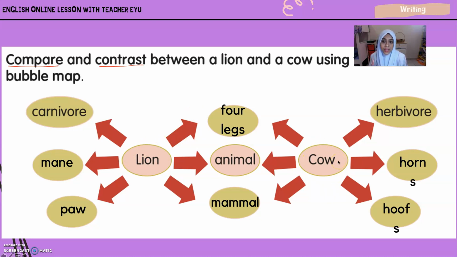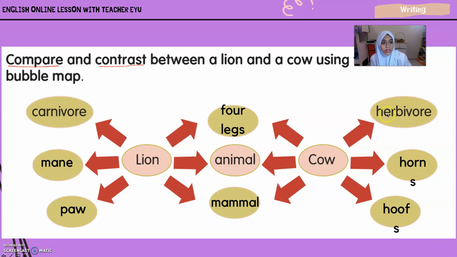So firstly, let's compare these 2 animals. Look for the differences. As for the lion, it is carnivore. It has mane, yang jambang tu. And it has paws. Paws is dia punya tapak kaki dia tu. How about cow?